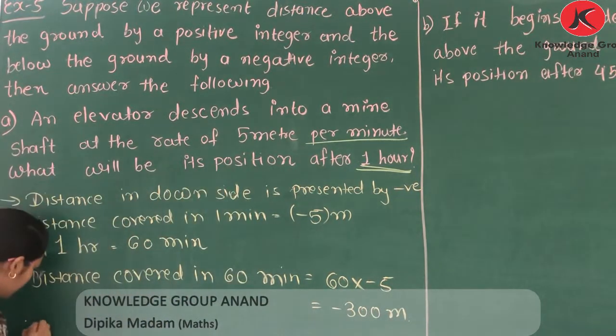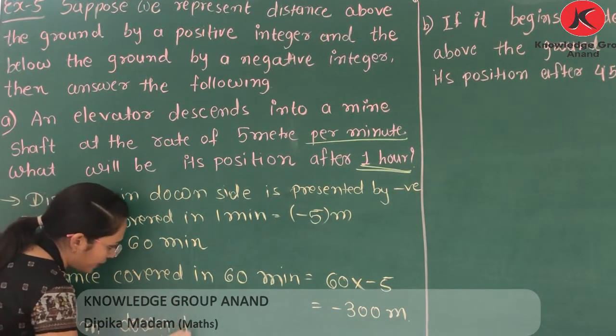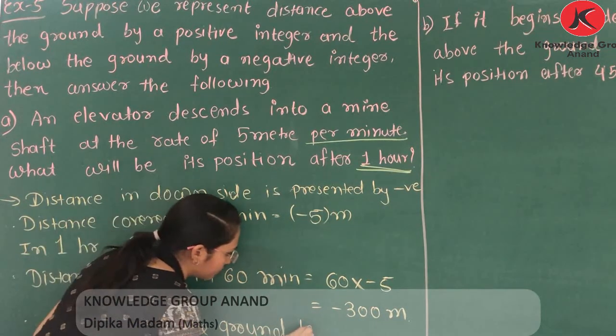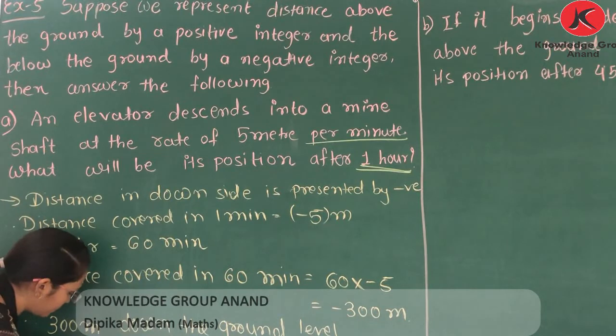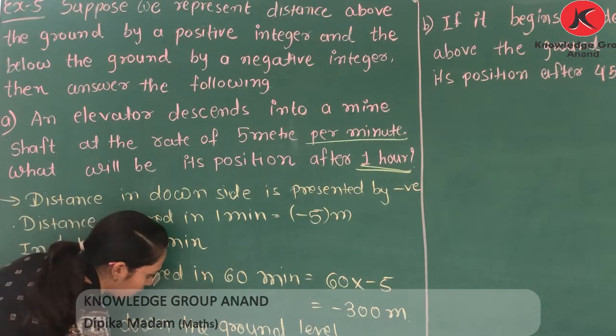It means 300 meters down the ground level covered in 1 hour.